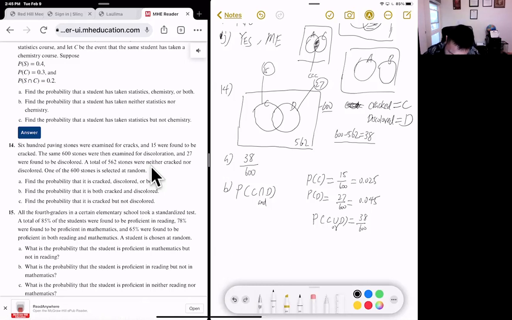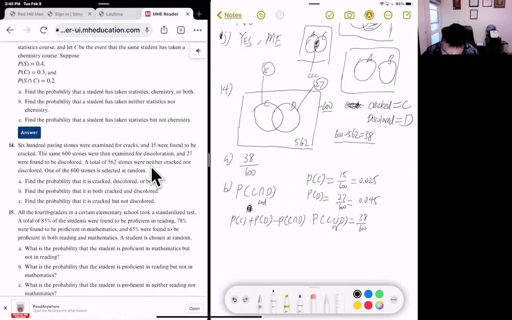So we want to know P of C and D. So that is equal to P of C plus P of D minus P of C and D. Sorry, it's not equal to.